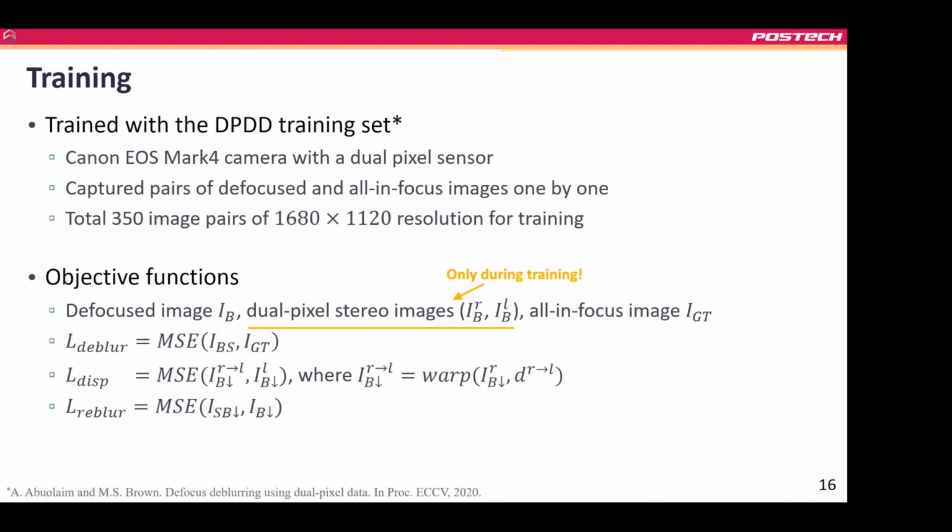Our disparity estimation should produce a proper disparity. Proper here means that when we apply the disparity to the left image, the left image should go to the right image, or the other way around. And the reblurring error means that when we apply this reblurring filter to the ground truth sharp image, we should get the original input blurred image. By having these three objective functions, we can train our network nicely.